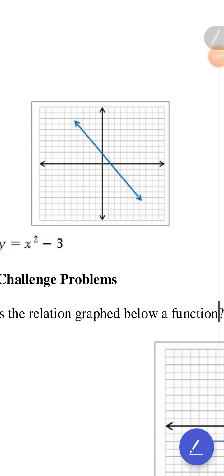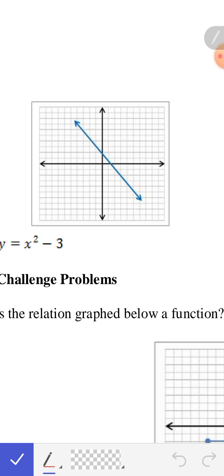Remember, domain is all x values that exist on that function, and range is all the y values. When you look at this function, since it has that arrow and that arrow, it shows that the function continues endlessly in both directions.